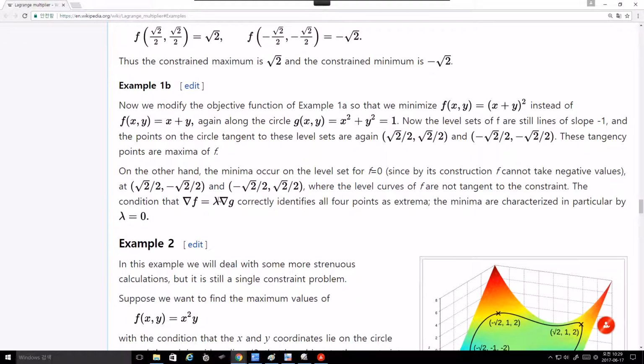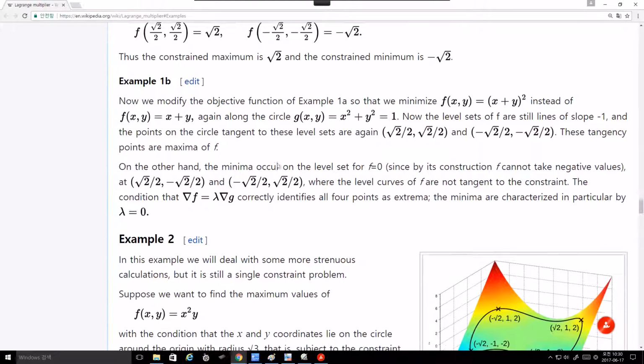On the other hand, the minimum occurs on the level of f equals 0. Since by construction f cannot take negative values because it's a square, at this one and this one the level curve of f is not tangent to the constraint. The condition that the gradient of the Lagrangian is zero correctly identifies all 4 points, and the minima are clearly characterized by lambda equals 0. Okay, so you can solve it.